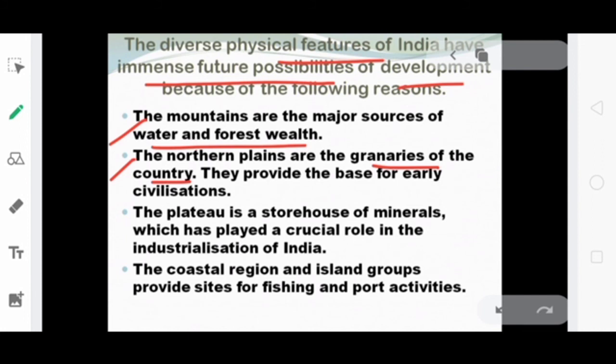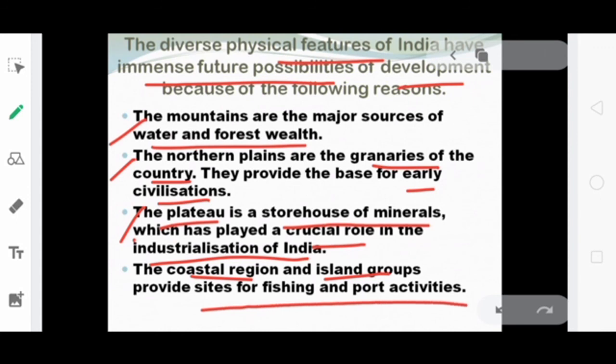They provide the base for early civilizations. Plateau is a storehouse of minerals which has played a crucial role in the industrialization of India, because we have extracted many minerals from the plateau region. And the coastal region and the island groups provide sites for fishing and port activities.